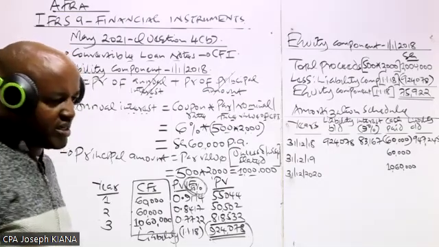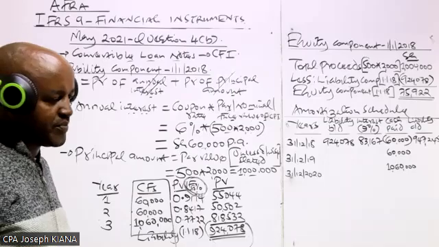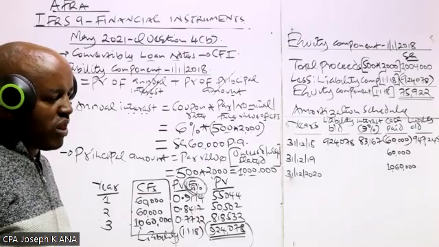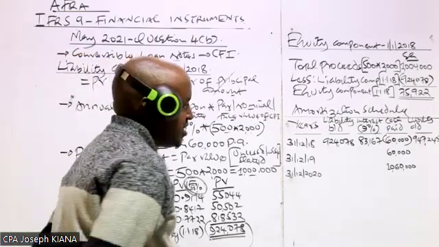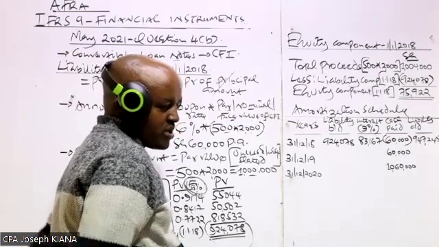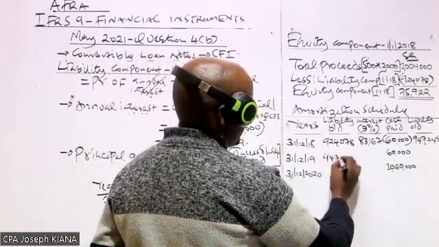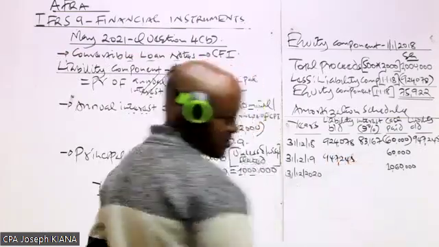Is that what you're getting as the liability at the end of year one? Yes. So that liability at the end of year one is the opening balance in year two, 947,245.